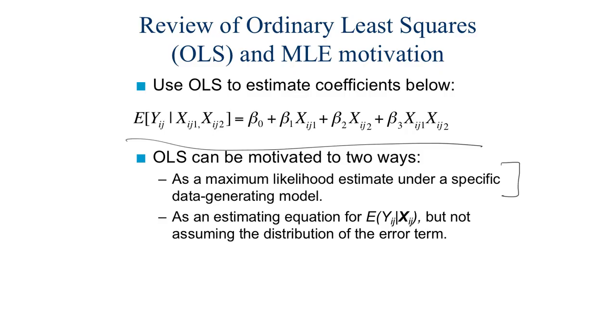I also can look at the OLS you get directly. You can show it's unbiased regardless of the distribution of the error term. So that's the estimating equation approach, where I'm just saying I'm not specifying what the error term could be. It could be symmetric. It could be slightly skewed. It only has to have mean 0 given the x.